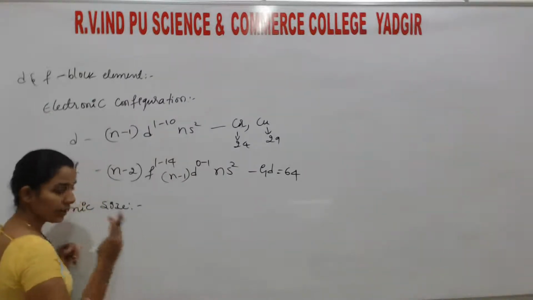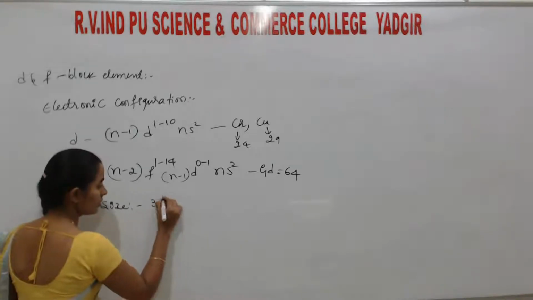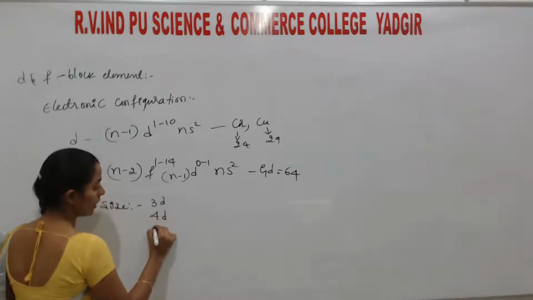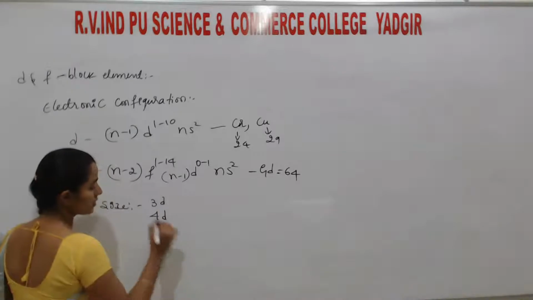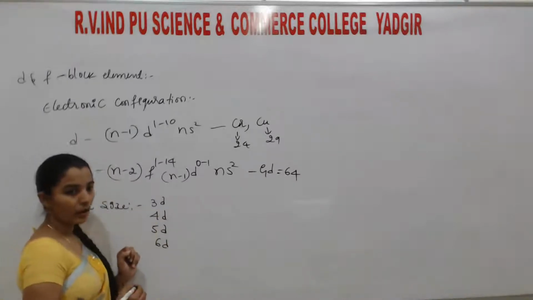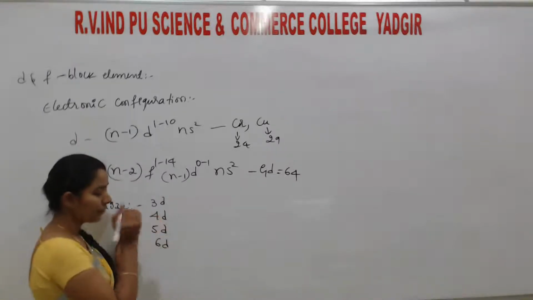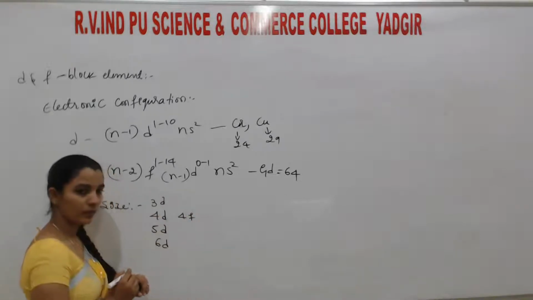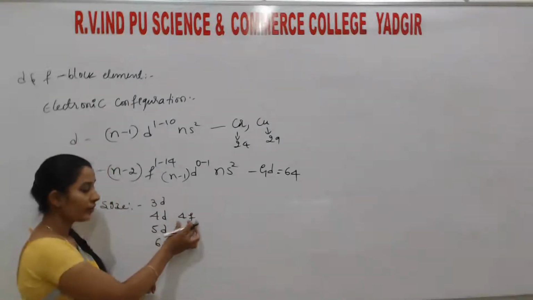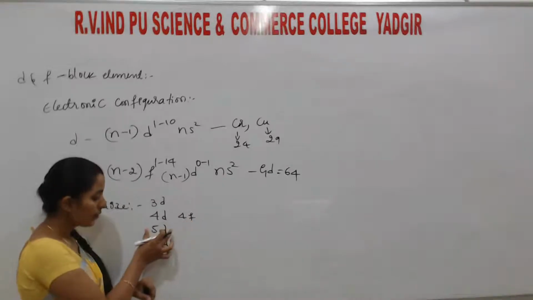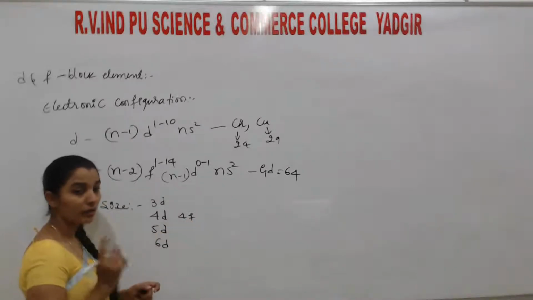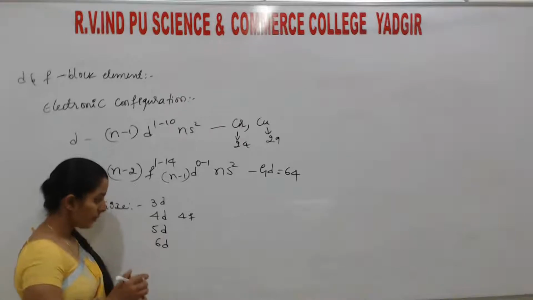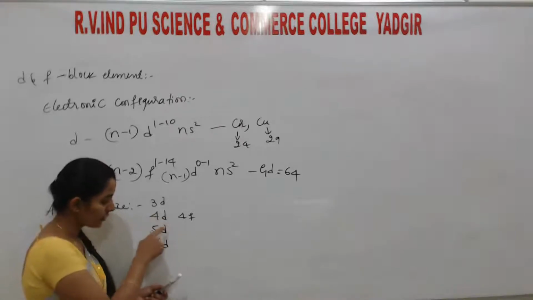In the D block element 4 series are there: 3d, 4d, 5d, and 6d series. Okay, so listen here. After 4d, we know that 4f orbital will come. This 4f orbital will come before 5d orbital. You know that. Okay. So remember here, 4d is there, 4f is there, 5d is there.